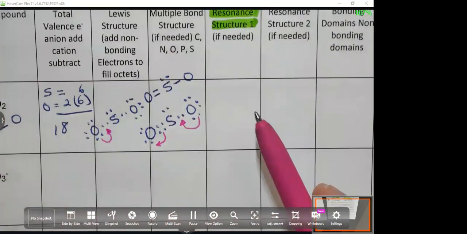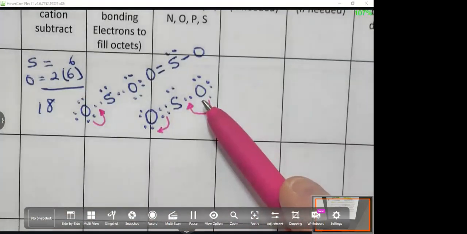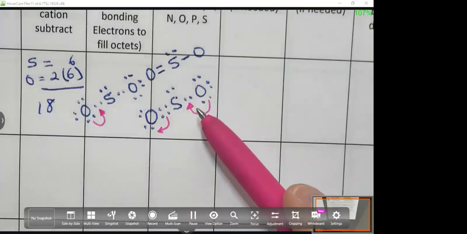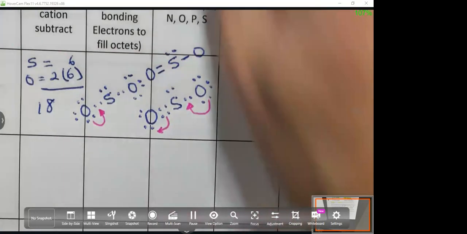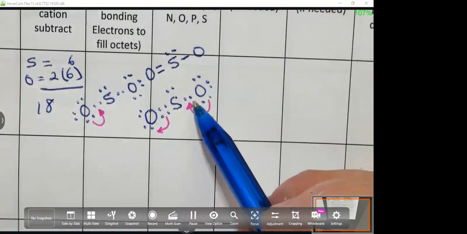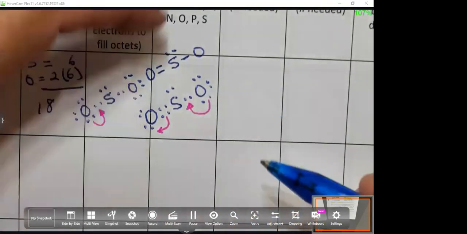Without going into a big explanation, if this thing can flip back and forth really fast, you would not see a difference. So that's actually what happens. We know the bond length is exactly the same. What explains that is resonance.